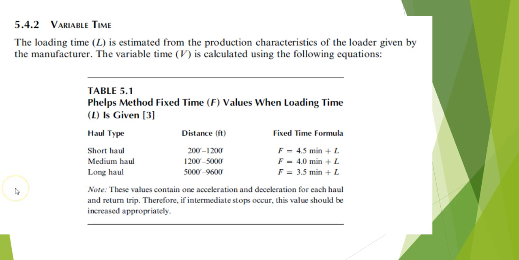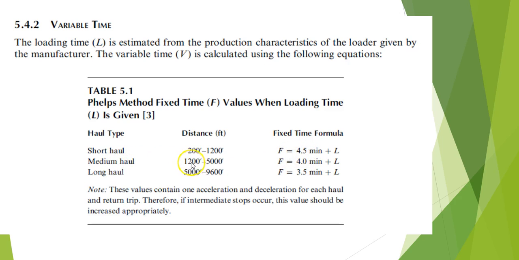In this case, if you look at table 5.1, you can see in terms of fixed time and loading time that for short haul, between 200 and 1200 feet, fixed time is 4.5 minutes plus L, which is the loading time.